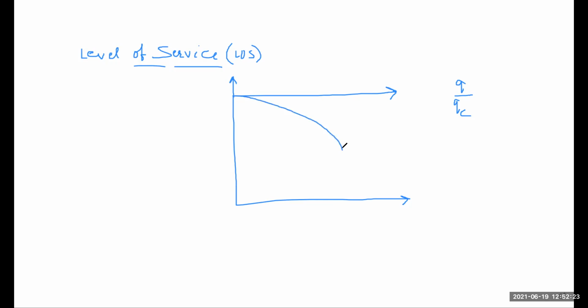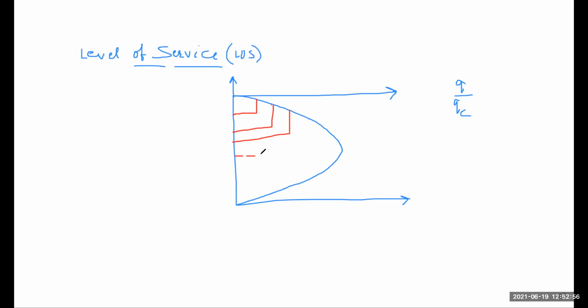So I just plot a parabolic representation of levels of service. This is your level of service A, this is level of service B, this is level of service C, and this is F type.